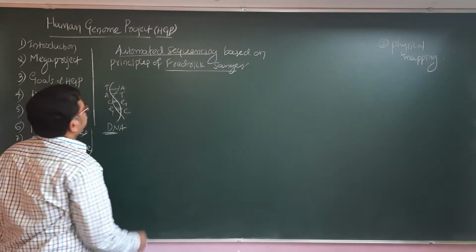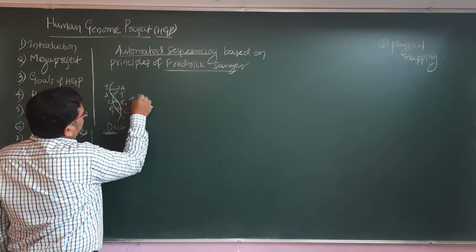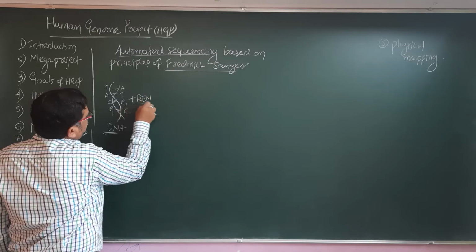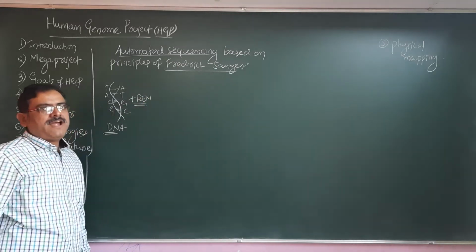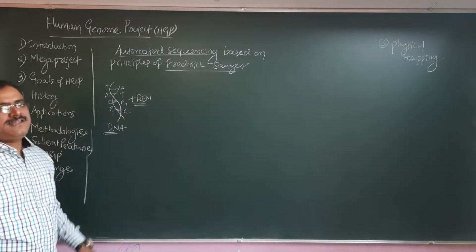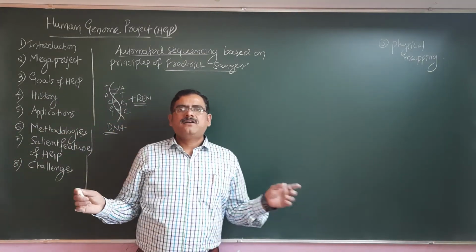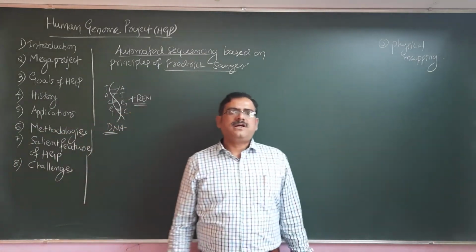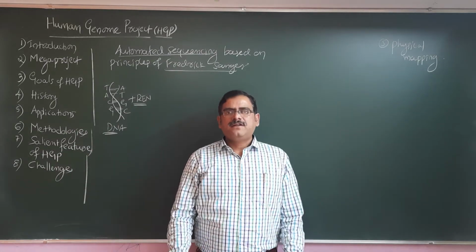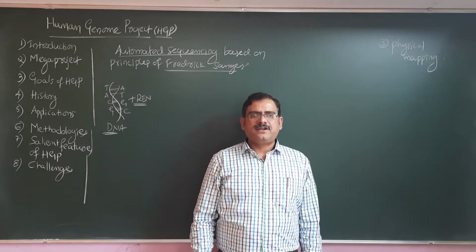When we add restriction endonuclease, it will cut the DNA. There are around 250 varieties of bacteria from which nearly 900 types of restriction endonucleases can be isolated.